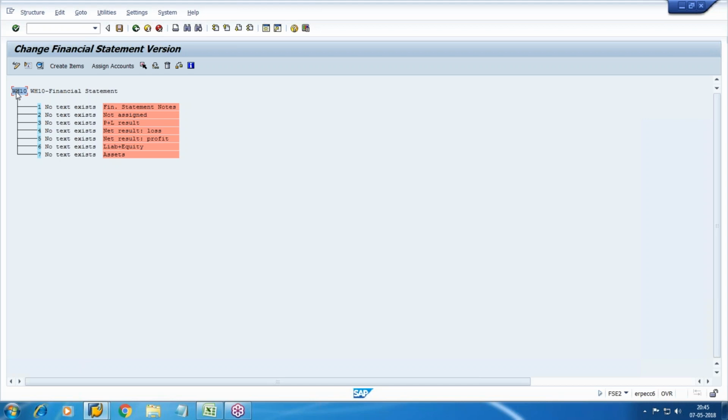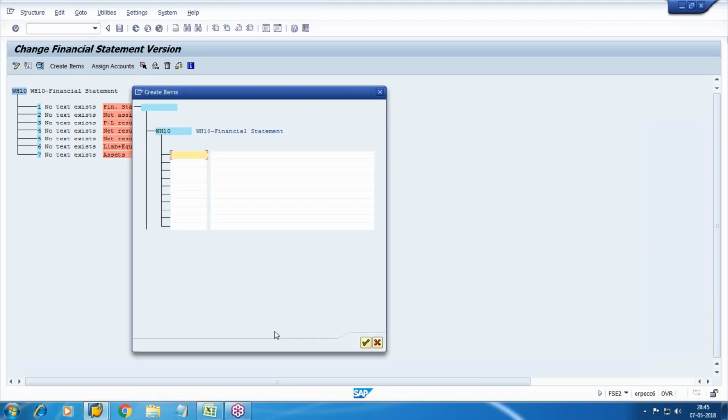Now we will redesign it. Okay, so how we will do this? We'll do like this. Okay, select this one, create items.